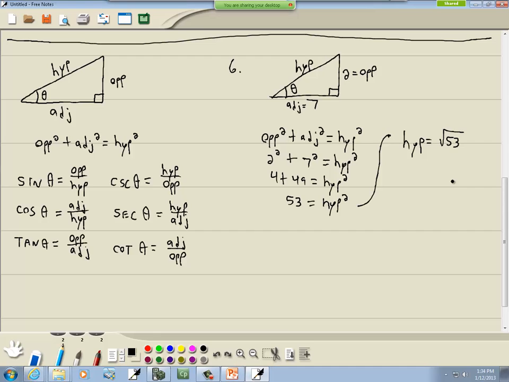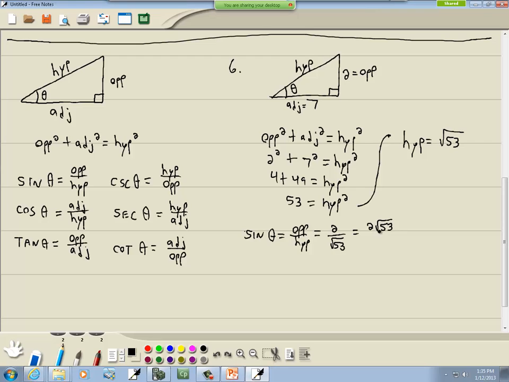So let's use those then to find the 6 trig functions. So sine theta. We said sine theta is equal to opposite over hypotenuse. Opposite was 2, and hypotenuse is square root of 53. Now we can't have the square root of 53 downstairs, so we'll multiply top and bottom by the square root of 53.